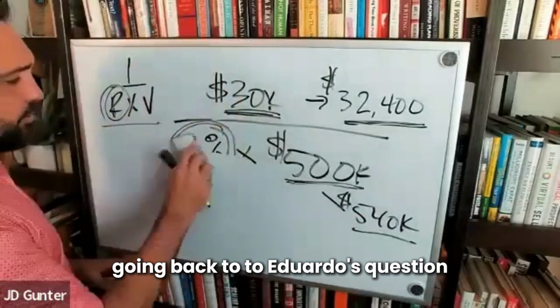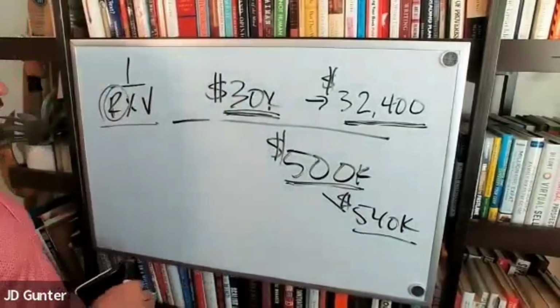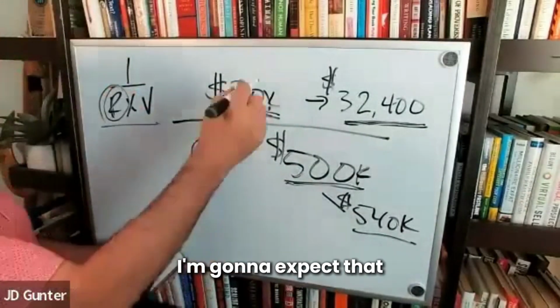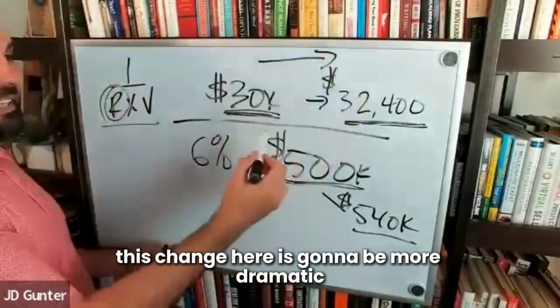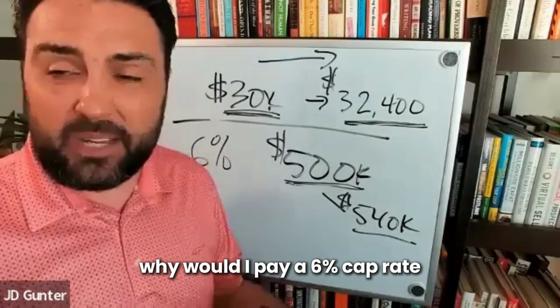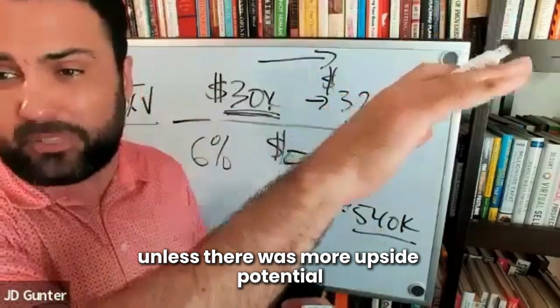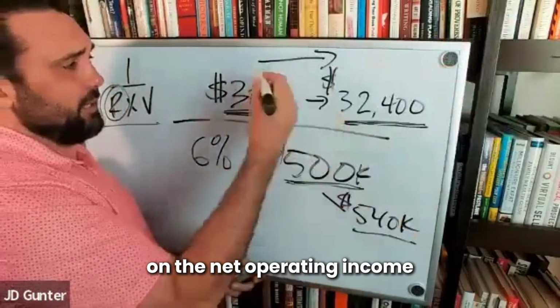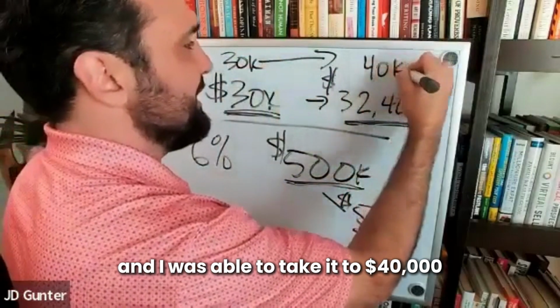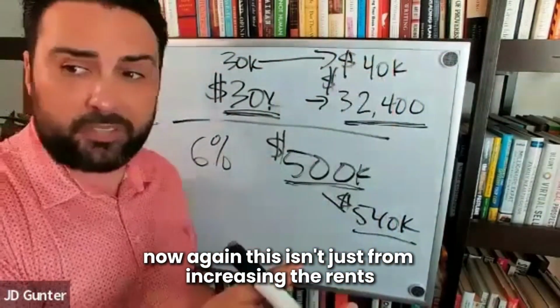Going back to Eduardo's question. If I'm going to buy it at a 6% cap rate, I'm going to expect that this change here is going to be more dramatic, right? Because why would I pay a 6% cap rate unless there was more upside potential on the net operating income? So if I bought it at 30 and I was able to take it to 40, now again, this isn't just from increasing the rents.